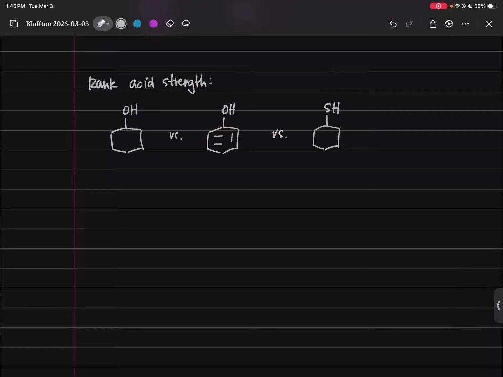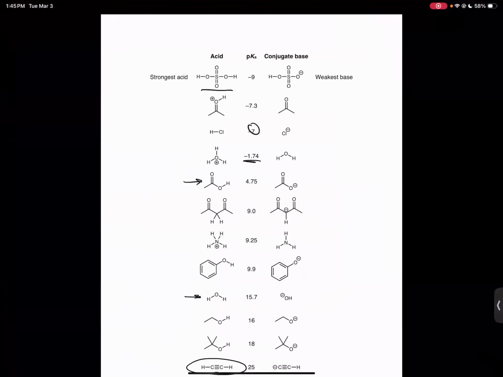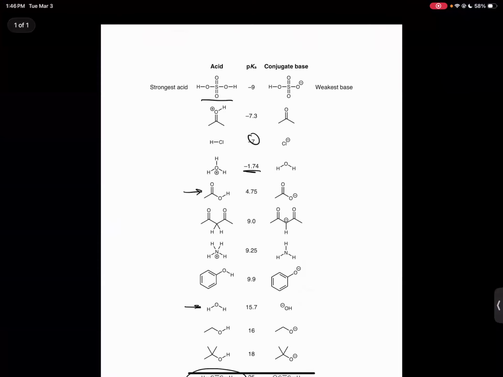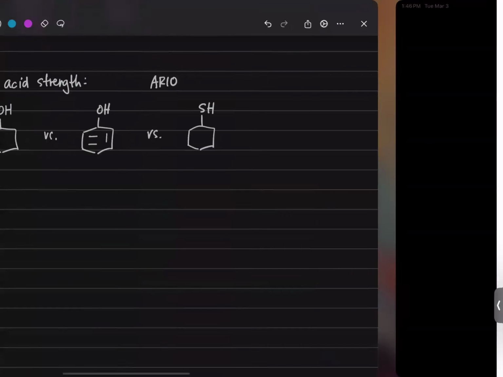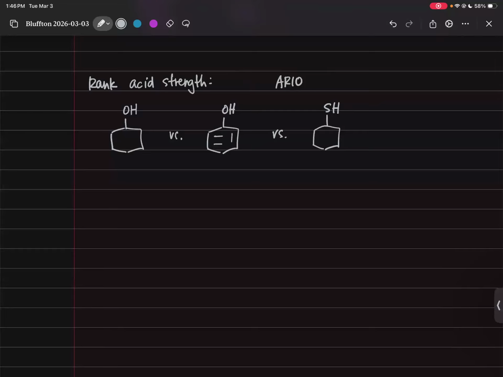Okay, this is going to require ARIO, because if I'm correct, we do not have any sulfur on our pKa table. So we're going to need an alternate method to figure this out.